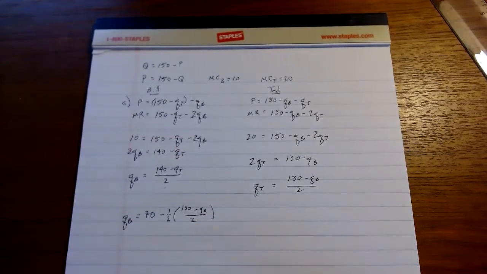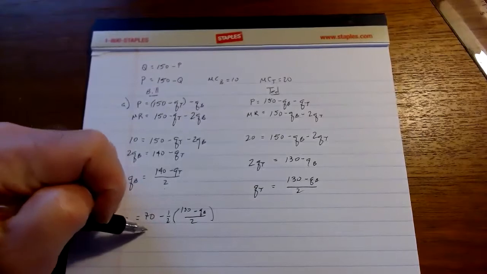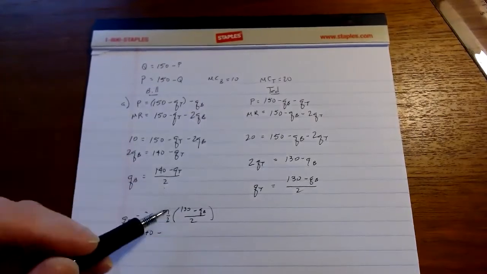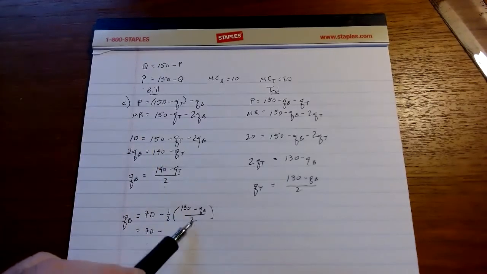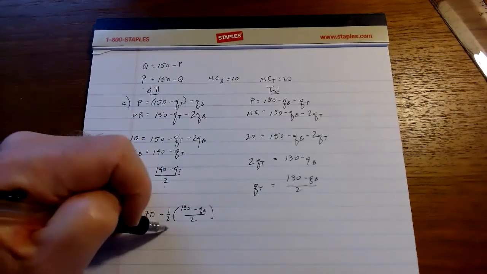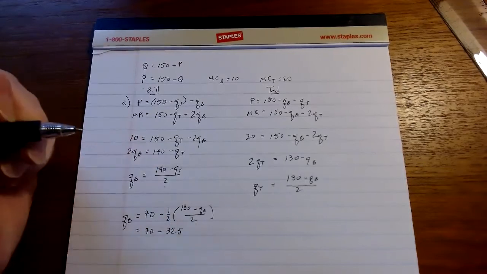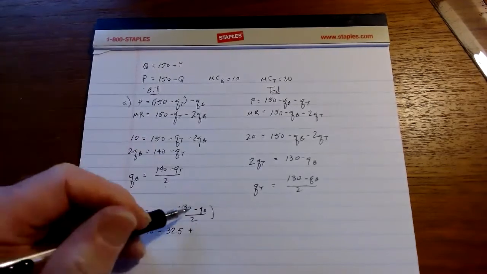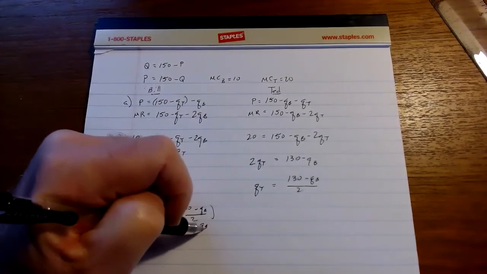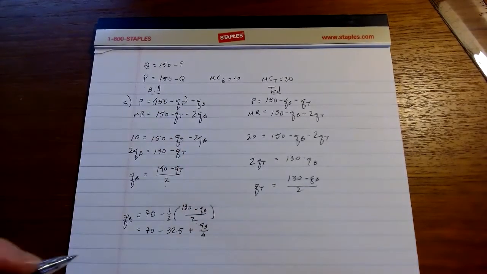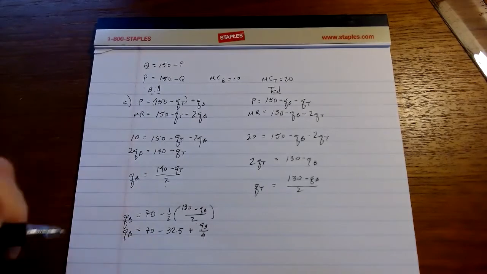And so now we've got this down to one unknown, and we just need to solve. So this is going to be 70 minus 130 over 2 is 65, and that divided by 2 is 32.5. Plus, we have the two minuses, plus 1/4 of QB, QB over 4. That's all equal to QB.